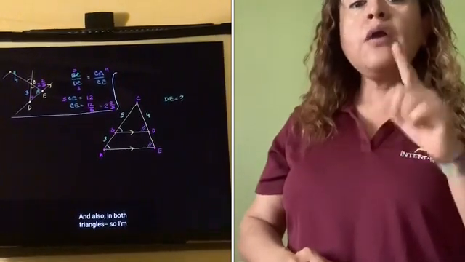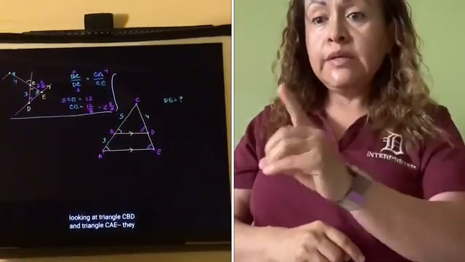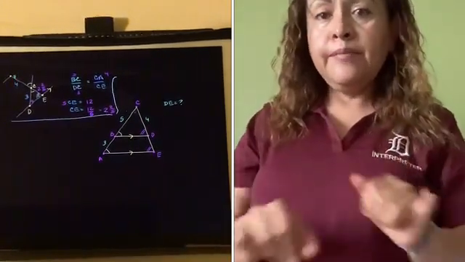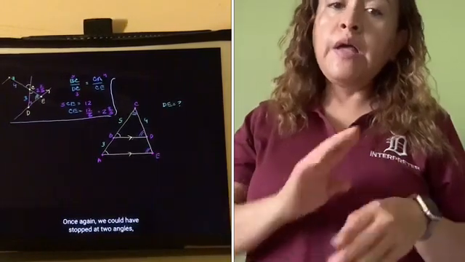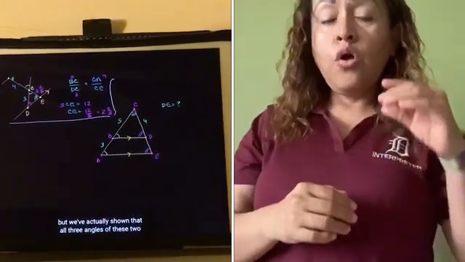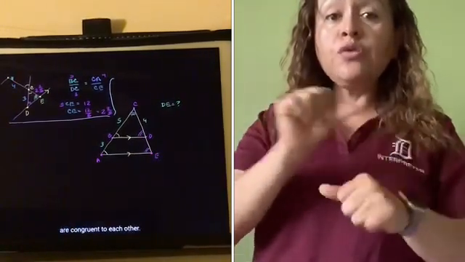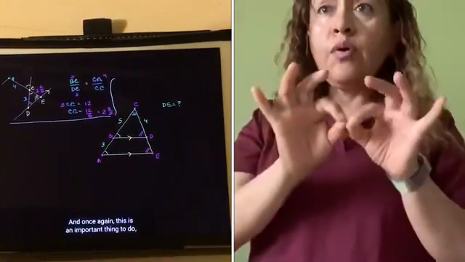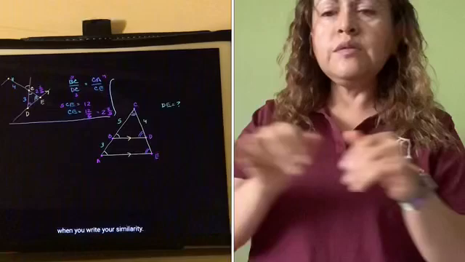And also in both triangles, so I'm looking at triangle CBD and triangle CAE, they both share this angle up here. So we've actually shown, once again, we could have stopped at 2 angles, but we've shown that all 3 of the corresponding angles of these 2 triangles are congruent to each other. So we now know, and once again, this is an important thing to do, to make sure that you write it in the right order when you write your similarity.